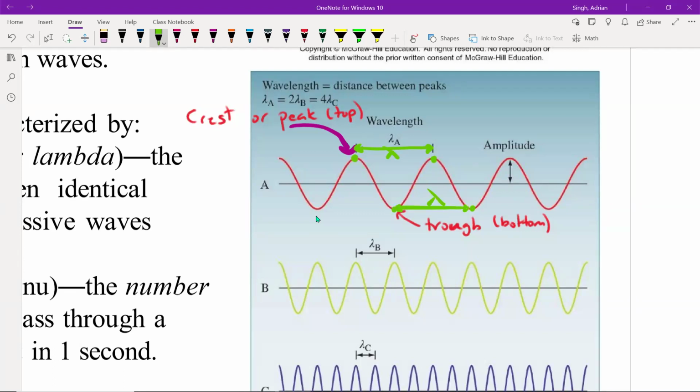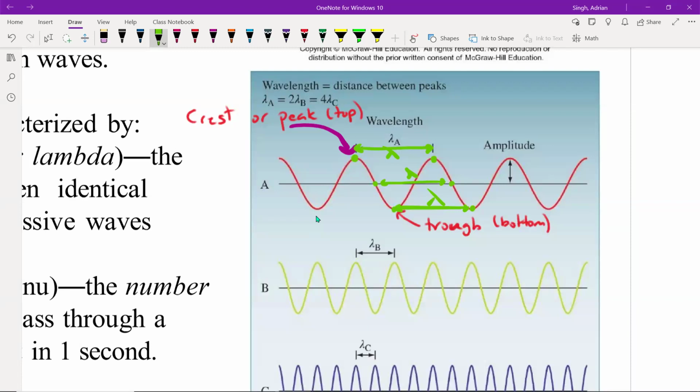Okay, so you don't have to choose the peak or the trough. You can pick any point along the wave. So for example, if I pick this point here, an equivalent point further down would be this point there. And that is the length of the wave as well. They all represent the same distance. That's the wavelength of that wave.